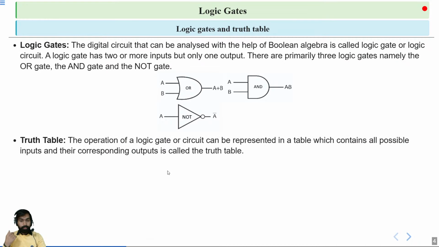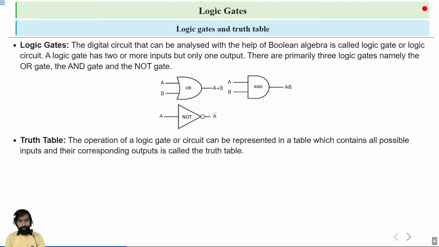Now the next concept is the truth table. What is a truth table? A truth table is a tabular representation that shows all possible combinations of inputs and the corresponding output of a logic gate or circuit.